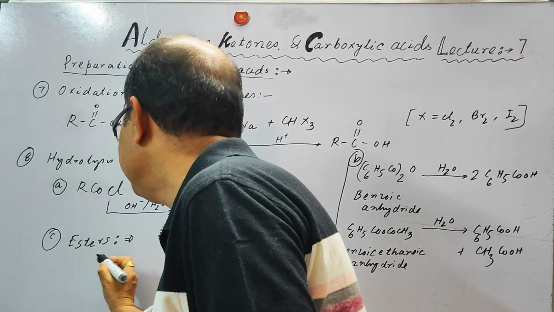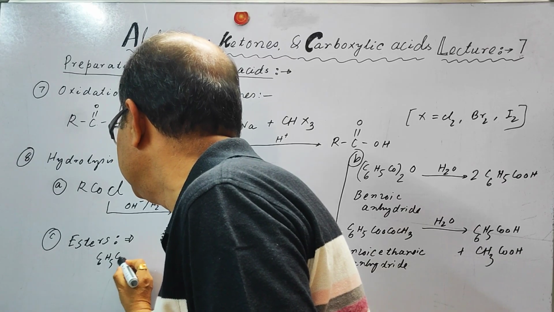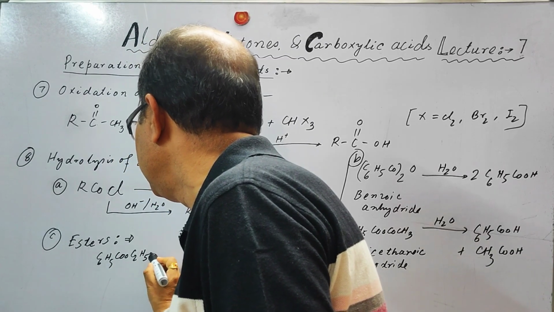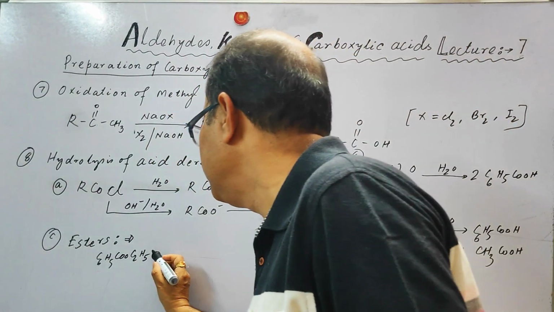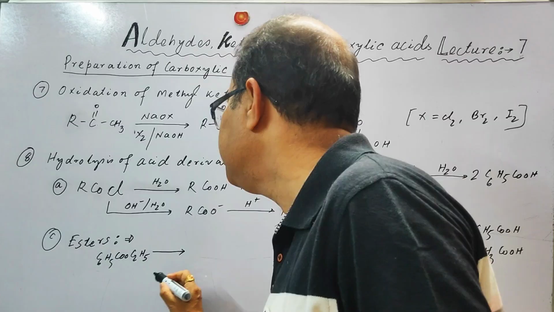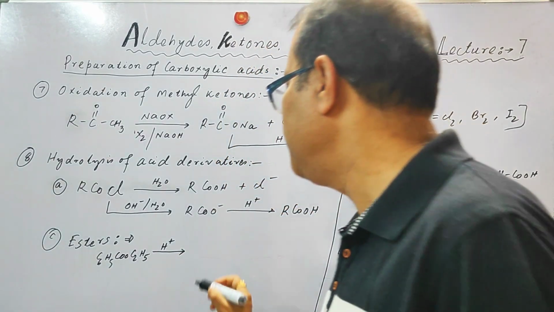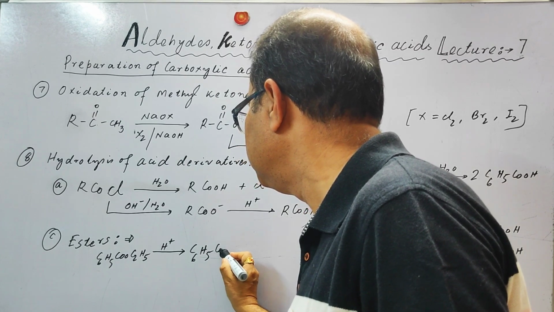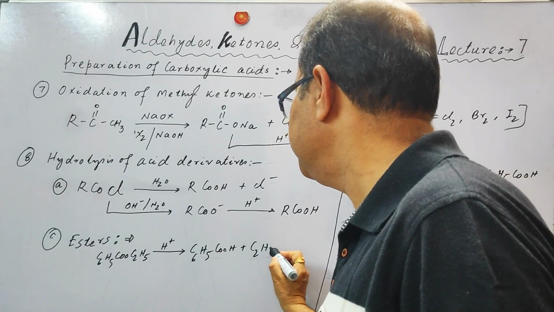As for example, C6H5COOC2H5, ethyl benzoate. In presence of H plus ion, it is going to produce this benzoic acid and C2H5OH.